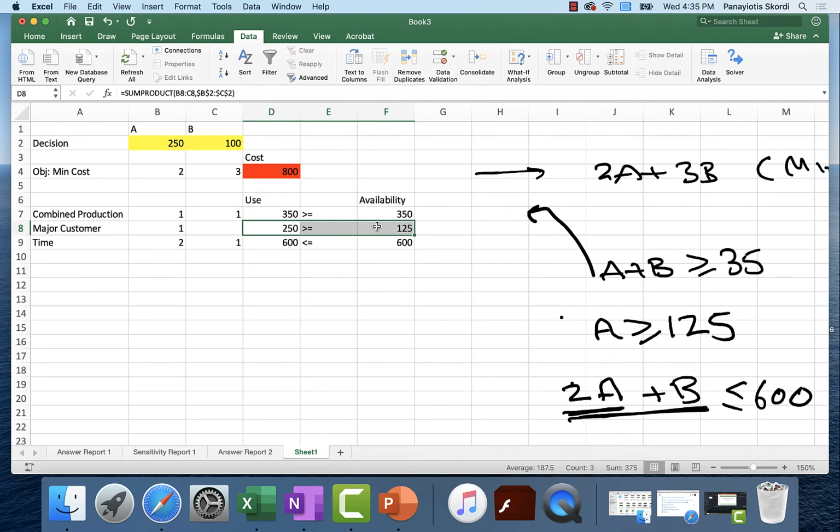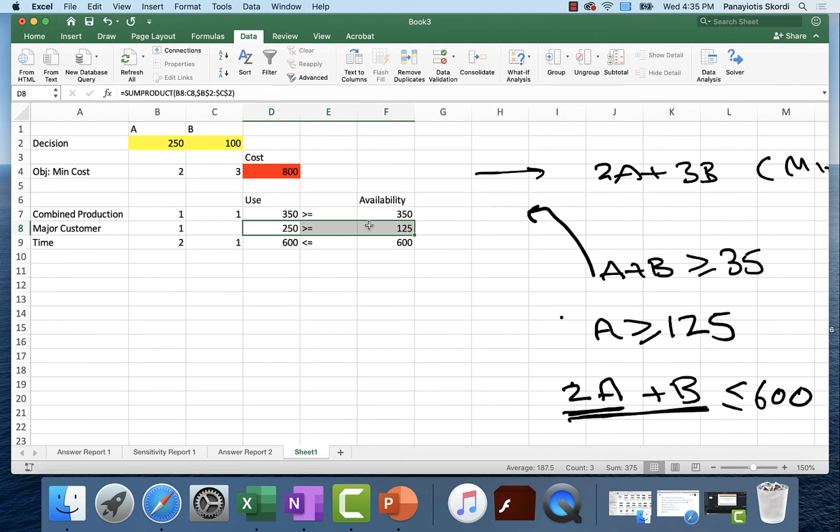For greater than or equal to constraints like the first two, and especially this one, we can define a non-negative variable called a surplus variable. A surplus variable tells us how much over the right-hand side the left-hand side of this greater than or equal to constraint is for a solution.